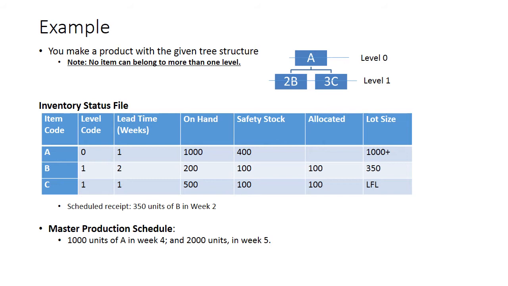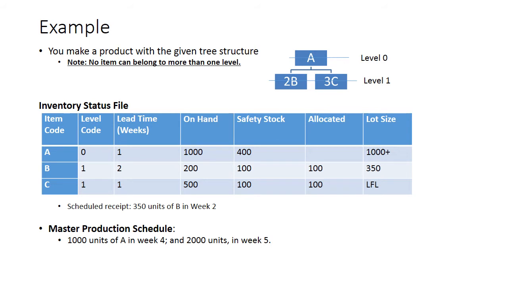Notice one other piece of information that I have provided in the inventory status file just below that. There are 350 units of B that have already been ordered. They're on their way and will arrive in week 2. Now the information that you need is, what is your production plan?